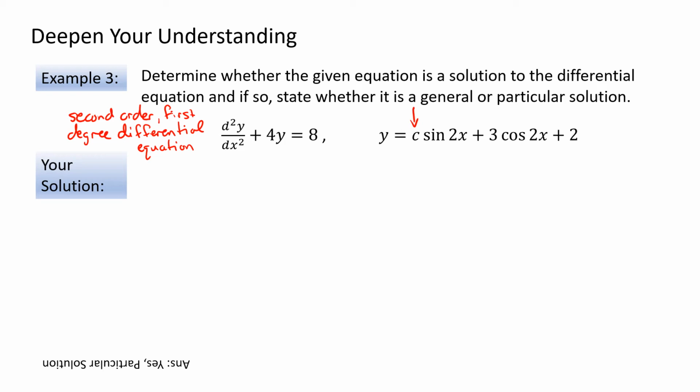And the remaining terms all have constants that are defined. But it doesn't matter. For it to be a general solution, it has to have constants behind these that are not defined. So this is not a general solution. It's in fact a particular solution because we do have some constants defined.